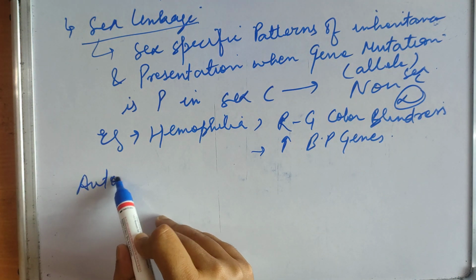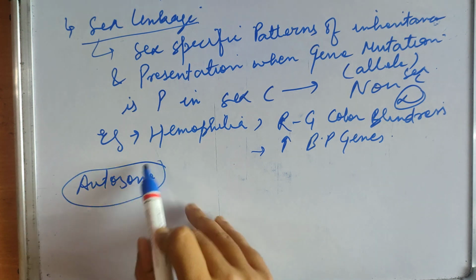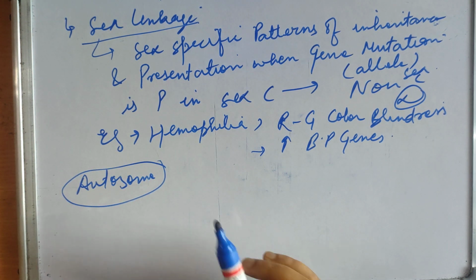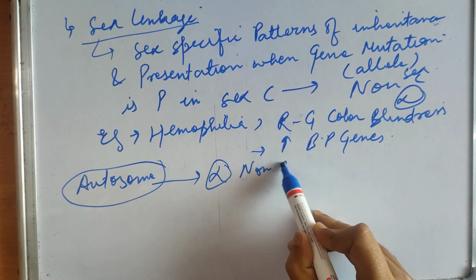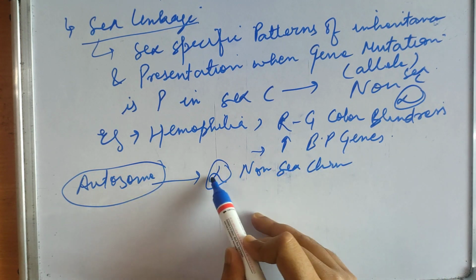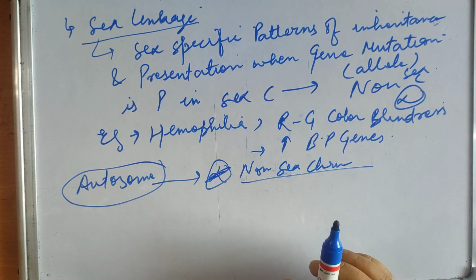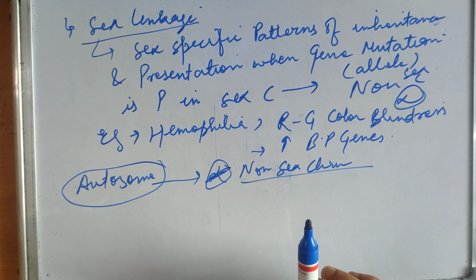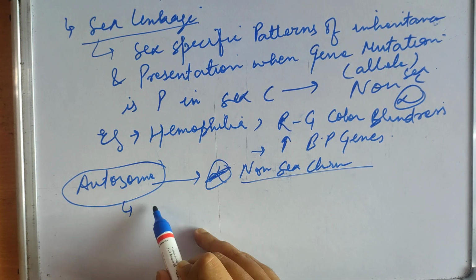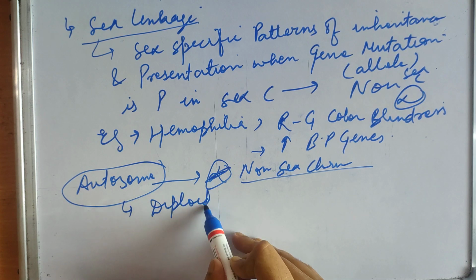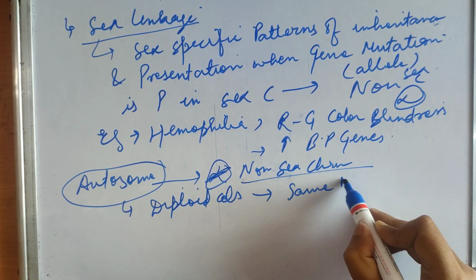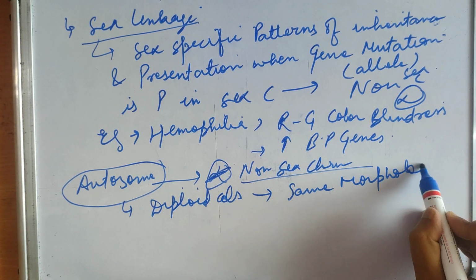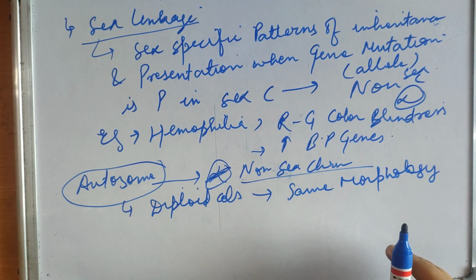Now move on to the next one. What is autosome? It is a chromosome that is not a sex chromosome. It is a non-sex chromosome. The members of an autosome pair in diploid cells have the same morphology, while those in allosome pairs may have different structures.